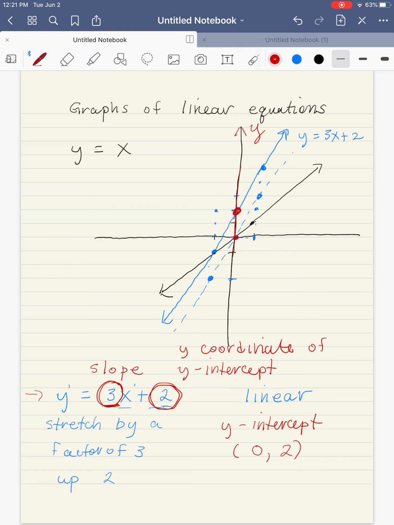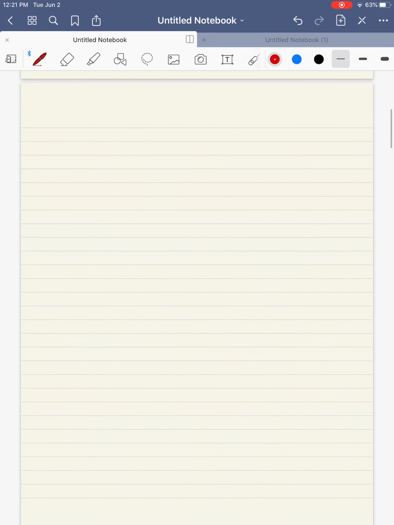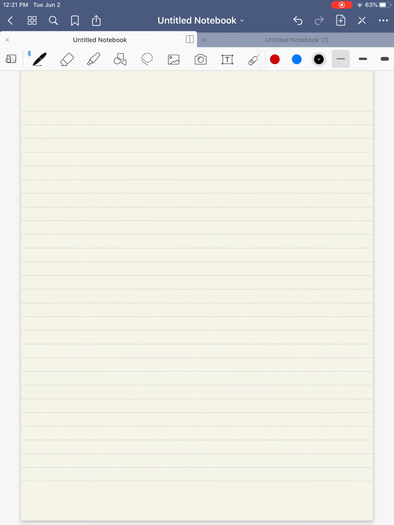The number that's being multiplied by the x is the slope, the rate of change. It tells us how steep the line is. The number here is always going to be the y-coordinate of the y-intercept. So we can write a formula for that. We can say that if we have an equation, y equals mx plus b, we know that's always going to be a linear equation.